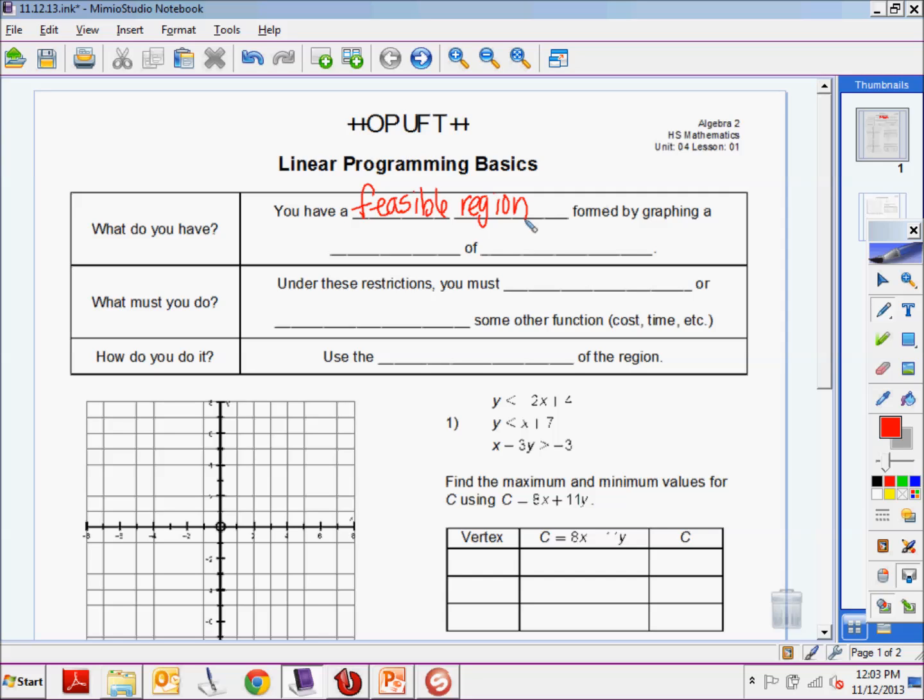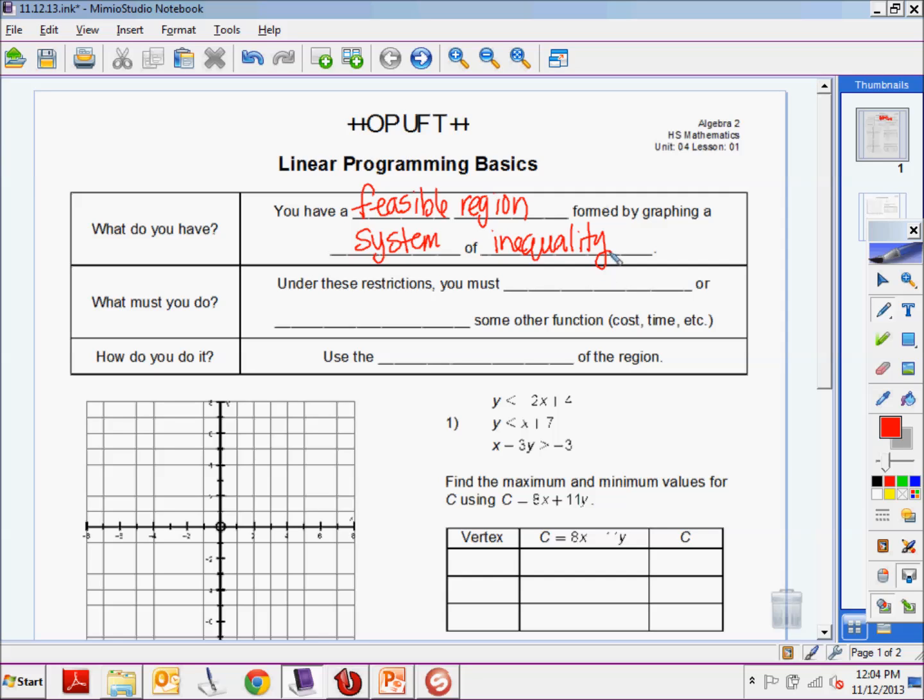Linear programming is usually used at a lot of businesses when they're trying to figure out how to maximize their profit and minimize their spending. It's formed by graphing a system of inequalities.